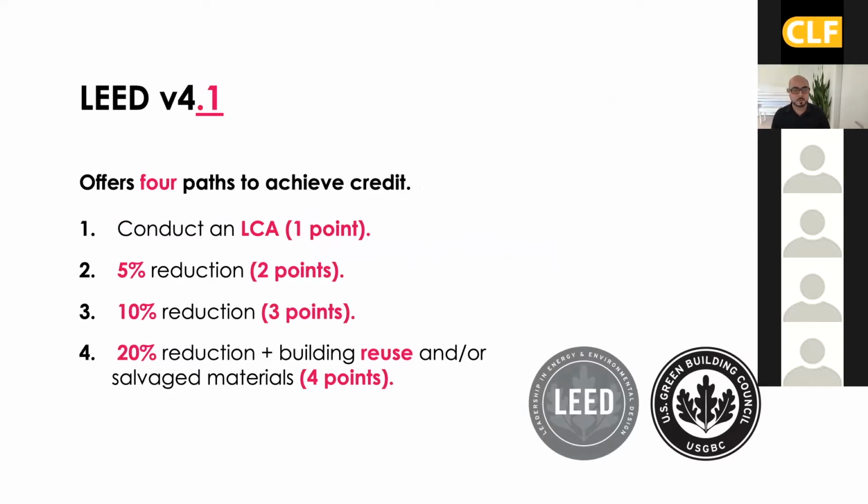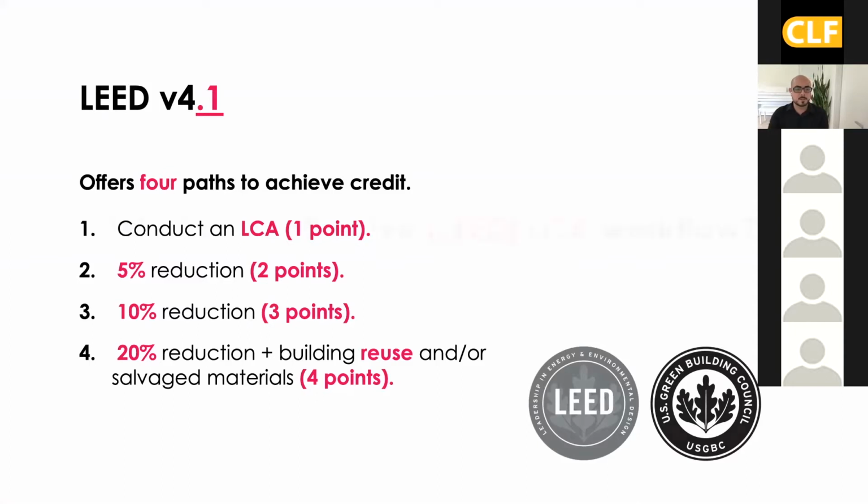You could just do your proposed LCA and you get 1 point, no matter if you show a reduction or not. You could show a 5% reduction in global warming potential and 2 more environmental impact categories and get 2 points. You can get what you used to get under LEED v4 and show a 10% reduction in GWP and 2 more categories and get 3 points, or 20% in building reuse and or salvage materials and get 4 points.